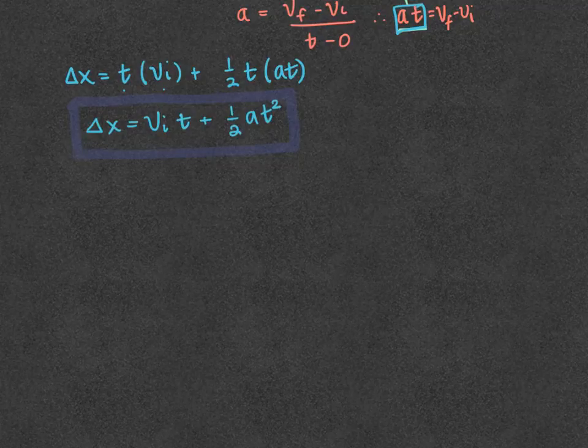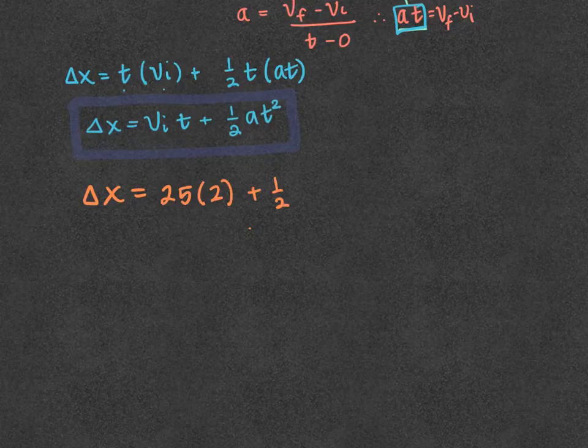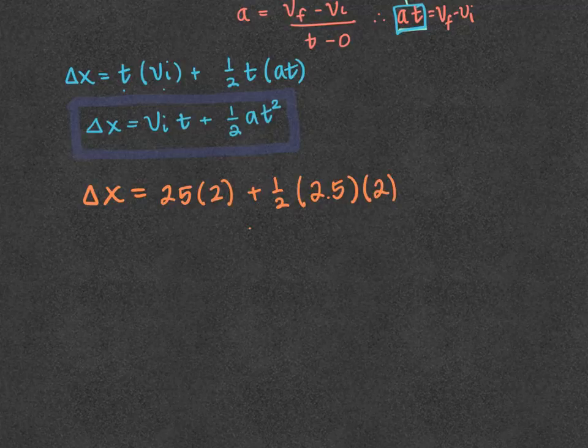So let's do our substitution now. Our change in position is equal to our initial velocity, which was 25, times the time, which is 2 seconds, plus 1/2 the acceleration that we just found, which was 2.5 meters per second squared, times our time, 2 seconds, and then squared.